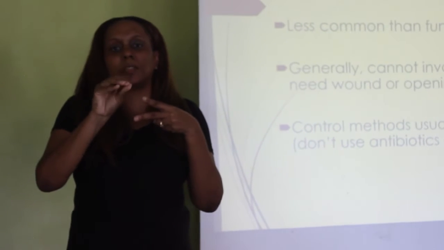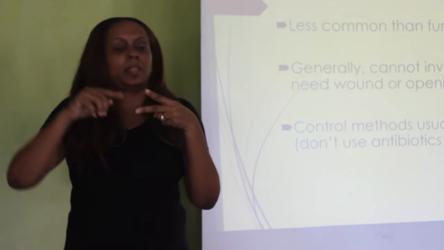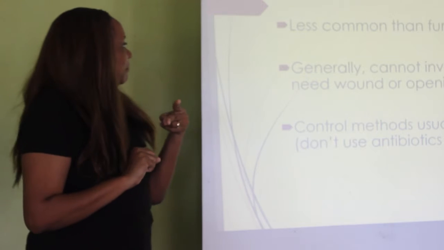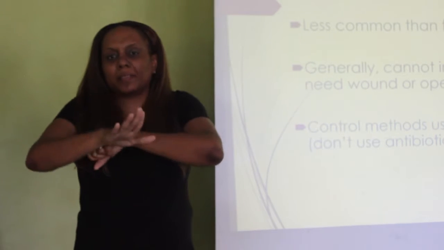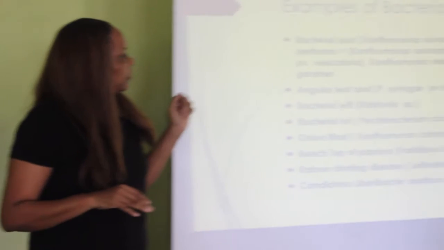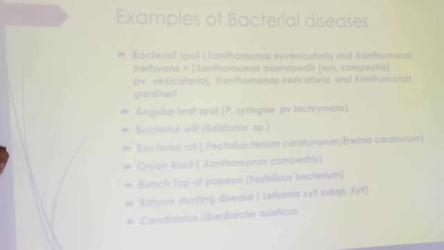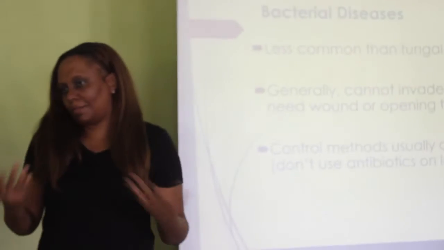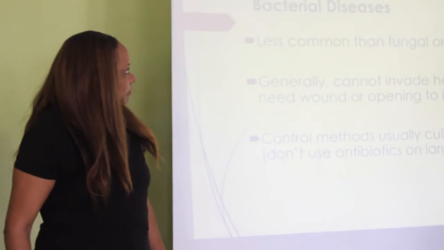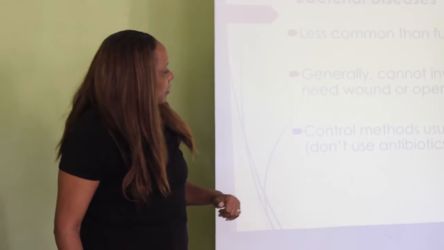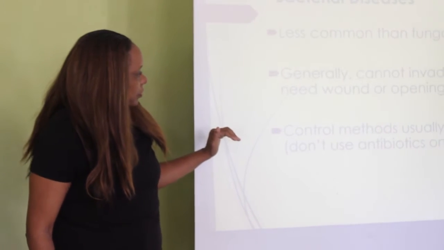I'm just doing a little revision as we go along to wrap everything in, right? So if you have infected tissues, you want to remove those infected tissues and regenerate your plant.